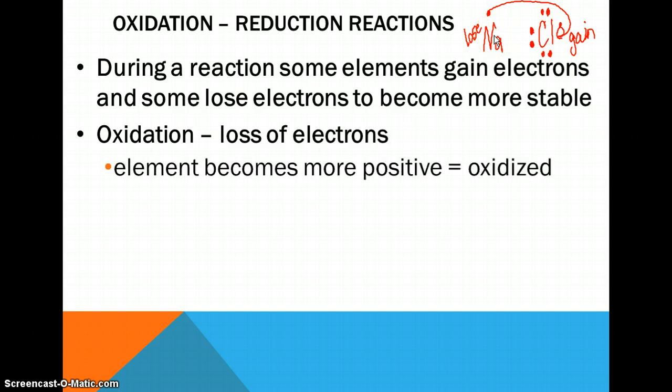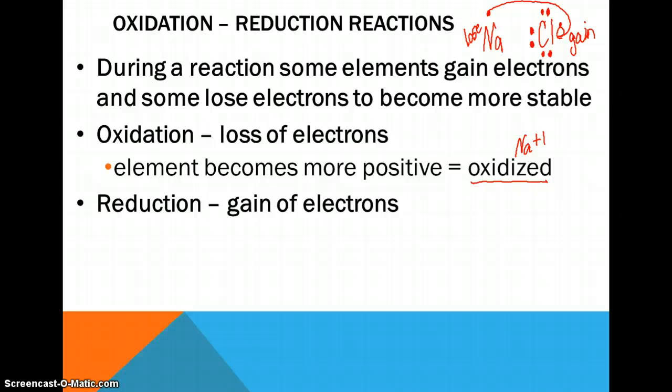In this case, my element does become positive, as we know, sodium is going to have a +1 charge. Those are things we've learned before. We're saying that this thing has now been oxidized. It has become more positive.